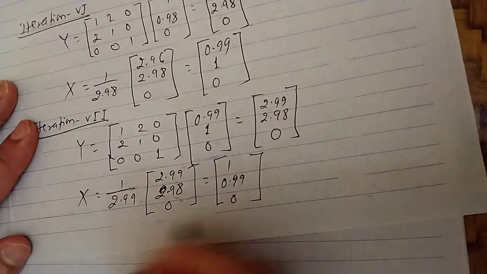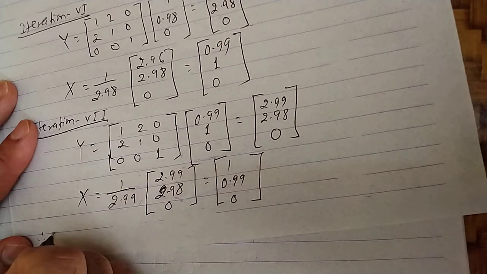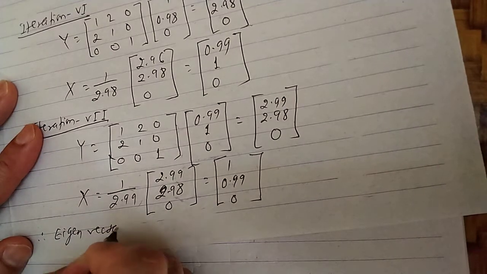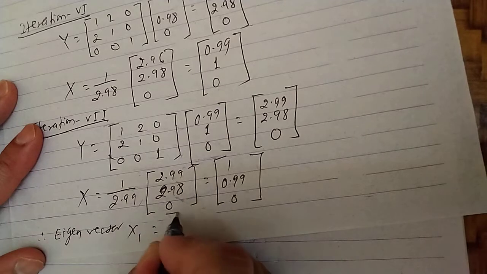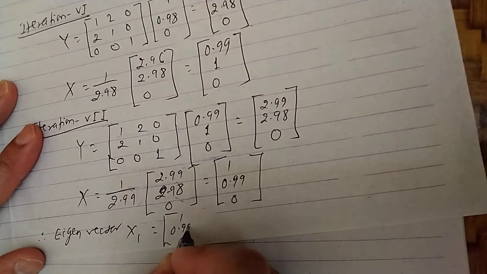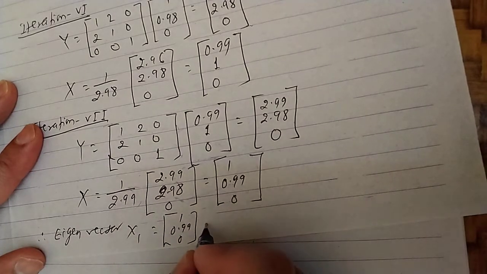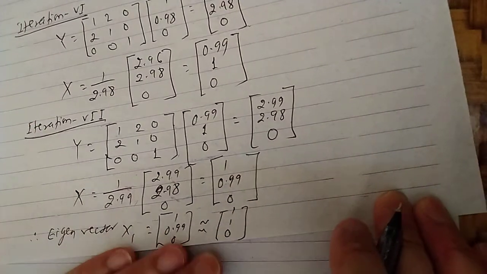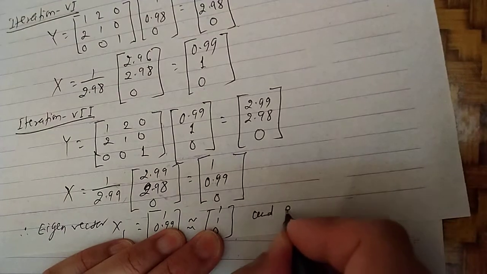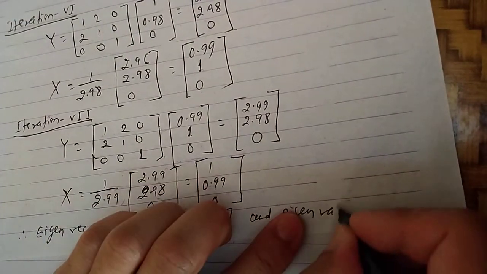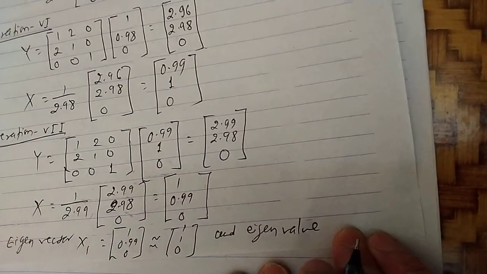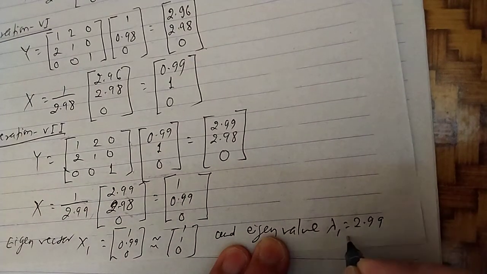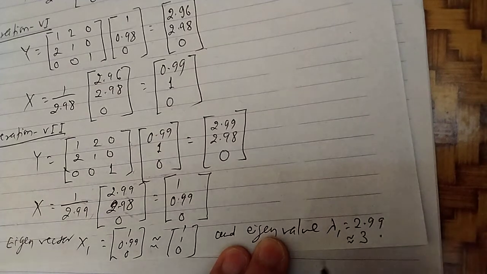Okay, so we'll write down, therefore, eigenvector, let us denote it x1, is [1, 0.99, 0], which is nearly equal to [1, 1, 0], and eigenvalue. So what will be your eigenvalue? Lambda 1 will be equal to 2.99, which is nearly equal to 3.